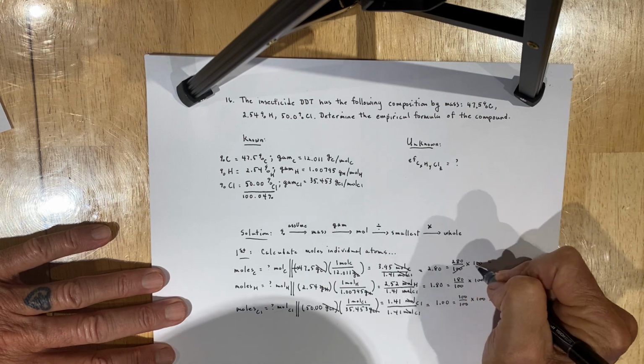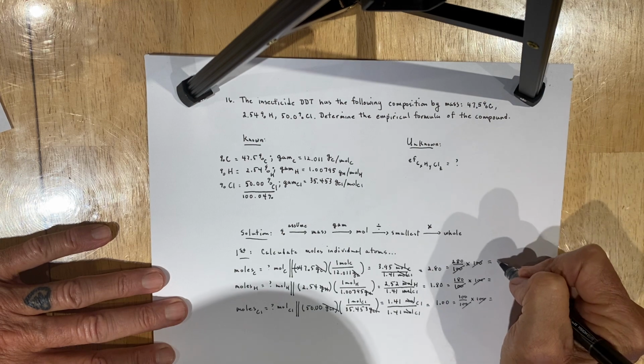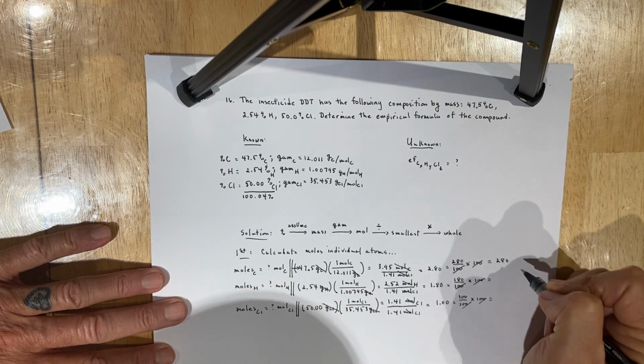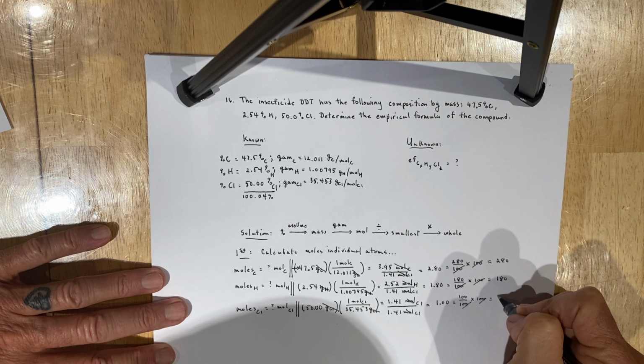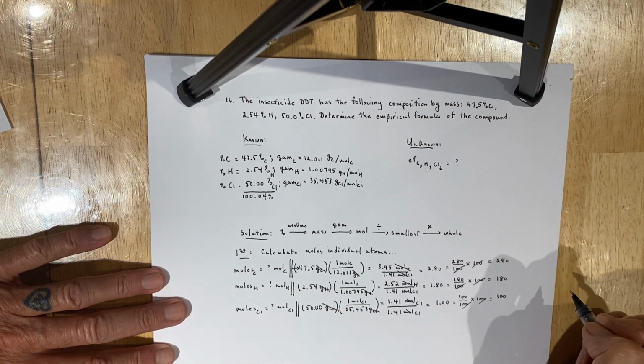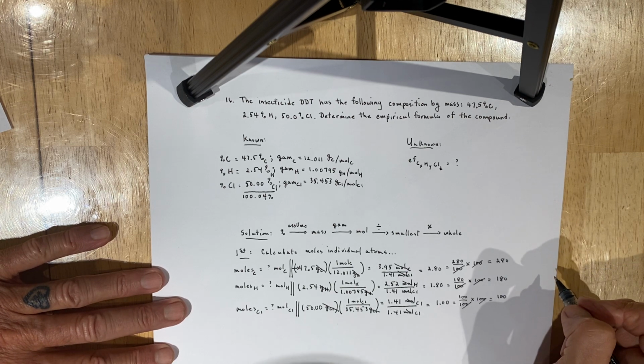So in this case, the hundreds cancel, which gives you a whole number ratio of 280 to 180 to 100. And now the quest becomes a quest to simplify.